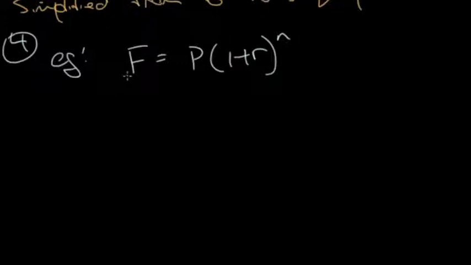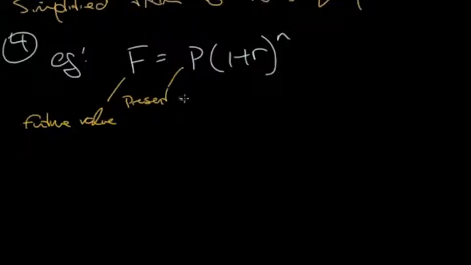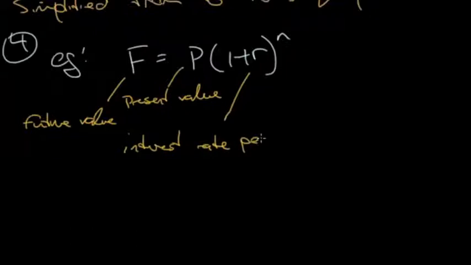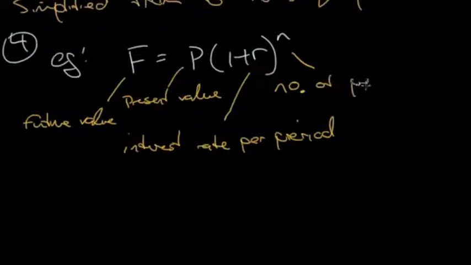So what we've got here is future value, present value, interest rate per period, and number. Maybe you're not familiar with the hash, so let's go with number of periods.